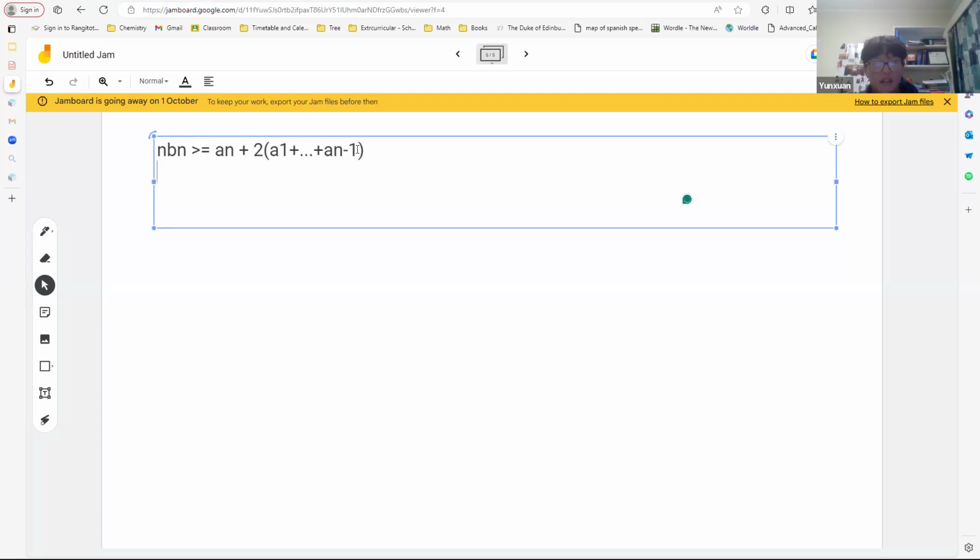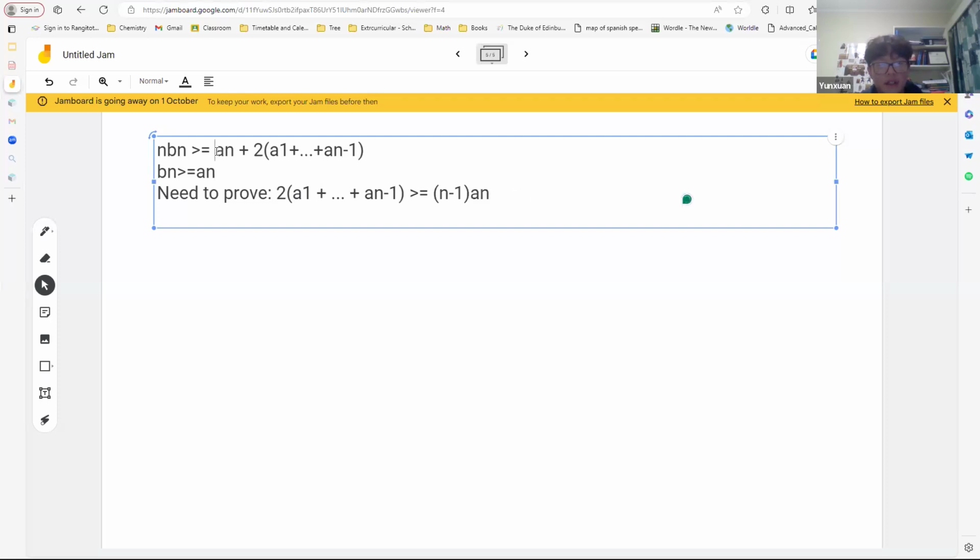How do we get that bn is larger than or equal to an? We want to link this to this. And we already have an an on this side, so we just need to prove 2 times (a1 plus dot dot dot plus an minus 1) is larger than or equal to n minus 1 times an.